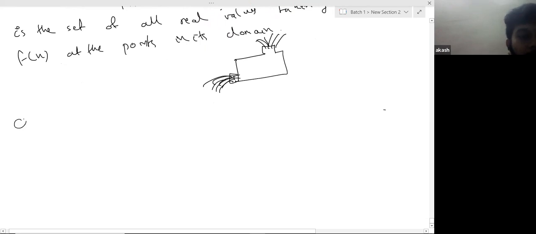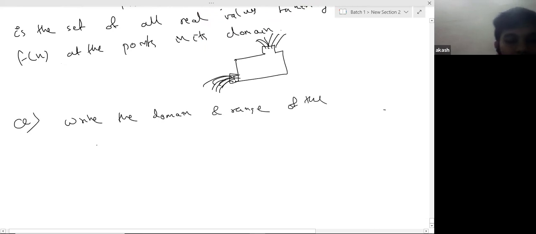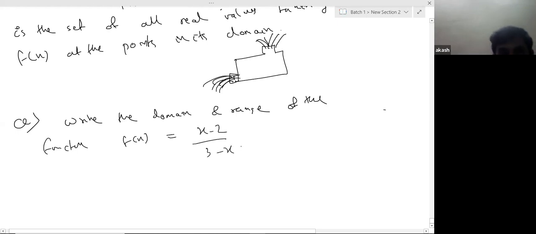Write down the question: write the domain and range of the function f of x equals x minus 2 upon 3 minus x. All right, find out the domain. I'll explain how to find the range.